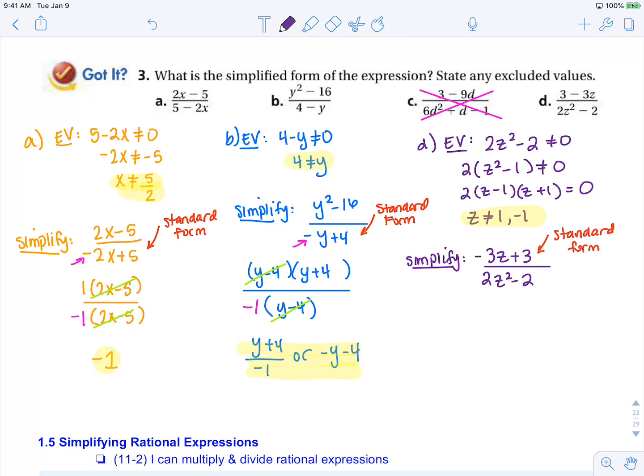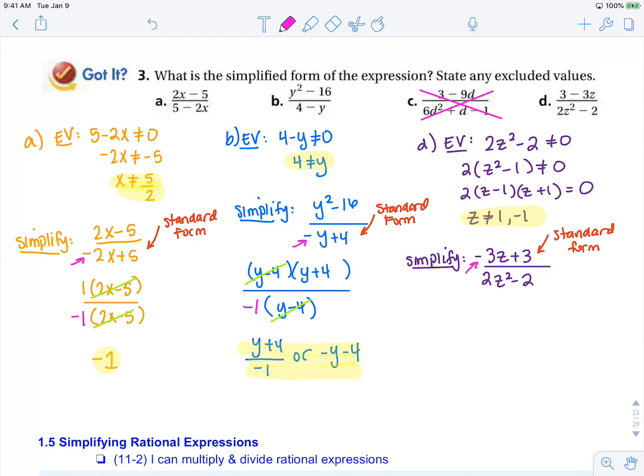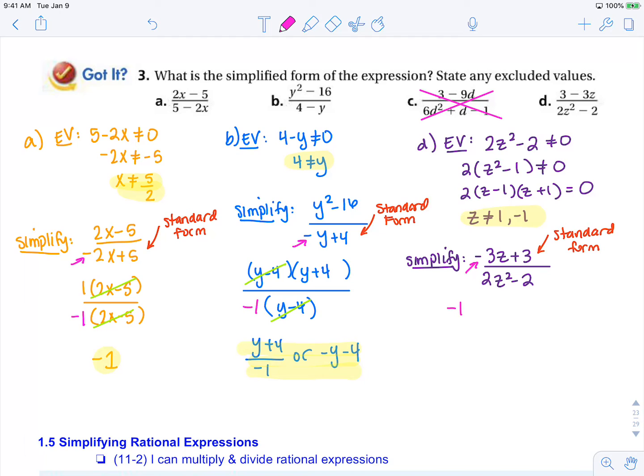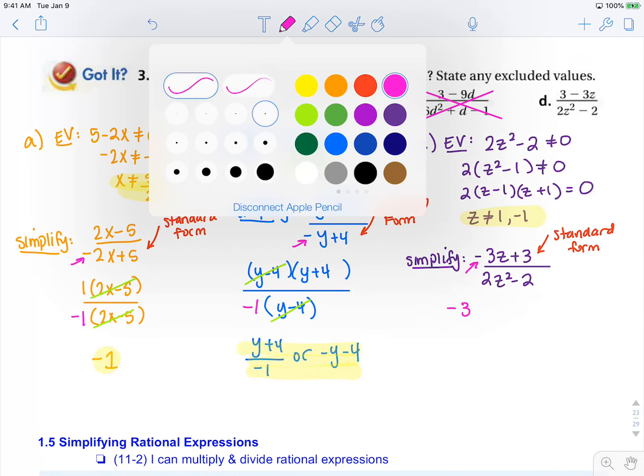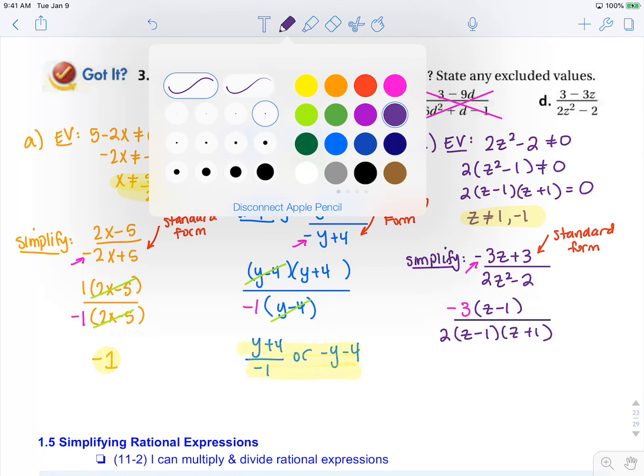So now factor that numerator. Since I have a negative leading coefficient, I'm going to factor out a negative 3 as my GCF, and that leaves z minus 1. And then our denominator, we already factored above, 2, z minus 1, z plus 1.